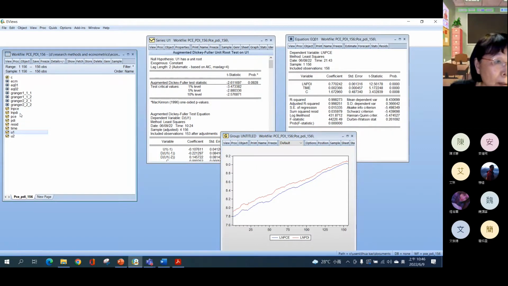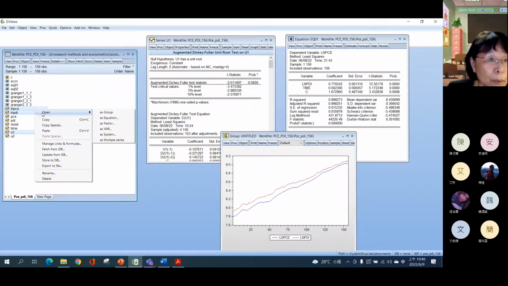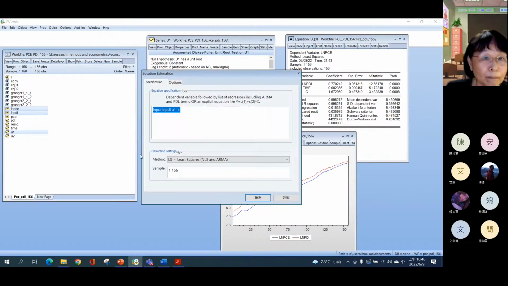So how do we do that? Let me show you how to do it. I'll highlight LMPCE, also LMPDI, as well as the residual, PCE, PDI, as well as the U1. Okay, and let me open it as an equation.